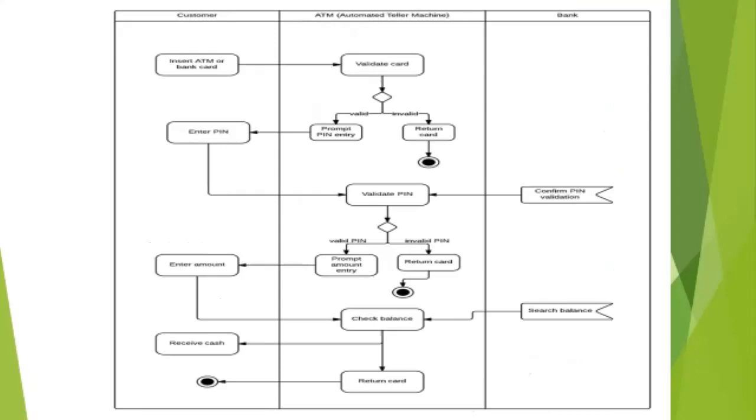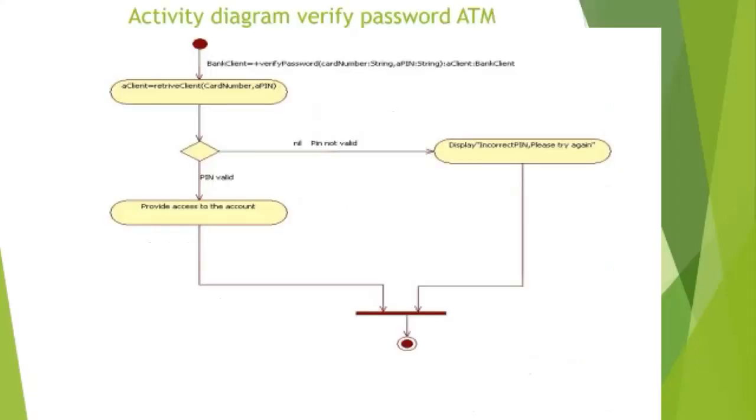This is the activity diagram for verifying a password at an ATM. Start is the initial node, go to the first activity, where the client retrieves the client card number and PIN, and goes to the decision box. This diamond shape is a branch, which is called a decision box.